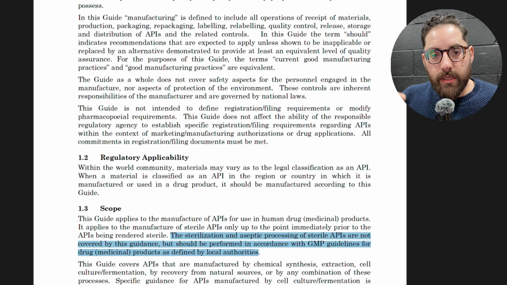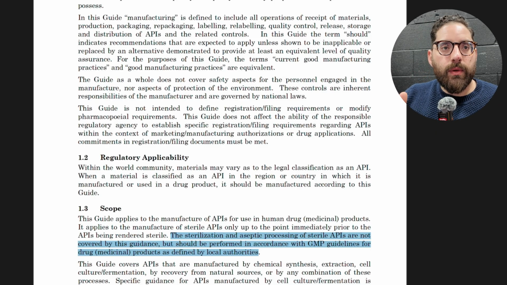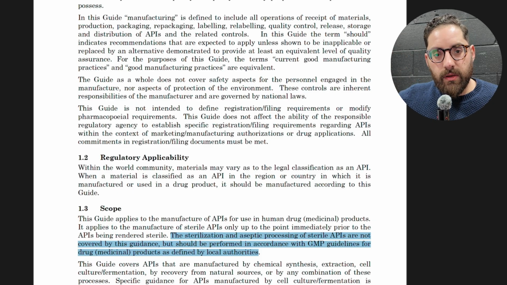And it's important to understand when full GMPs apply and when they don't. So because it applies prior to sterilization and after that you're getting into full GMP and aseptic processing, those stages are important to understand. And that's why the guide has a table in it that describes some more detail around that, which we'll get to in a second.